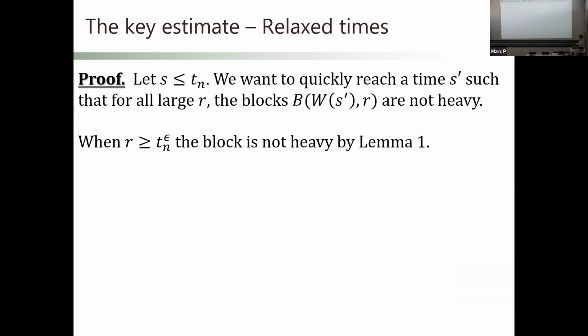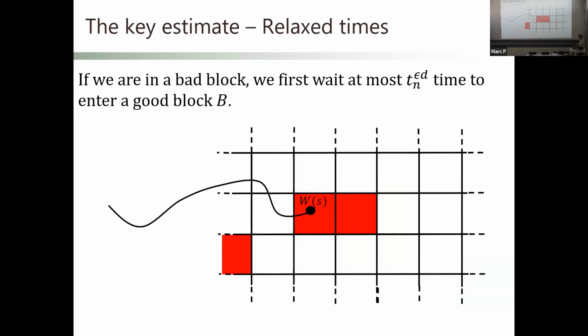We've just ruled out all of the big boxes being heavy, so we only have to worry about the small boxes around it. If we were in a bad subblock, maybe that's hard to do. Maybe we can't say much about that. But there's only a few of these bad subblocks, and they're not very big. So we can't spend very much time in them before exiting and being in a good block.